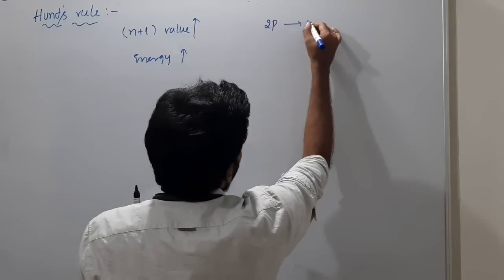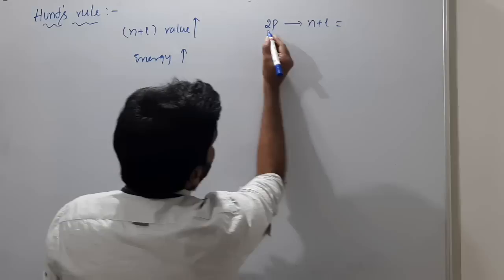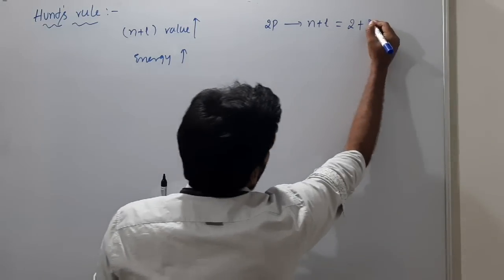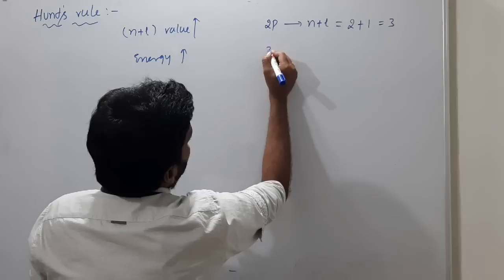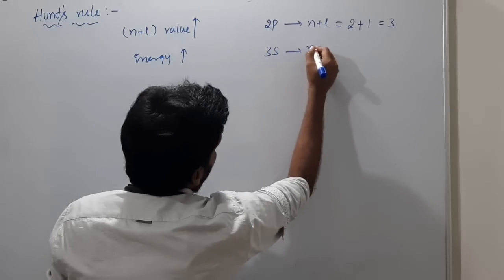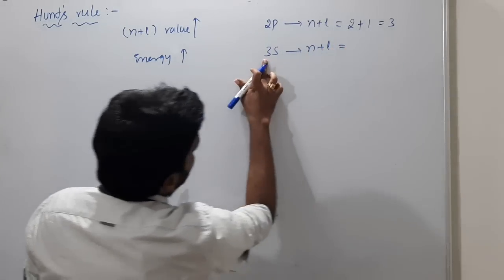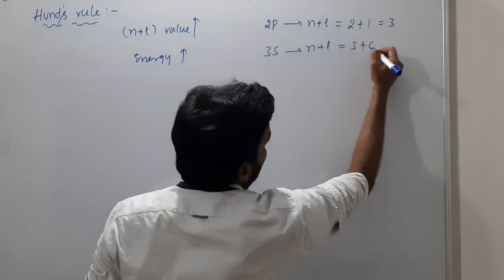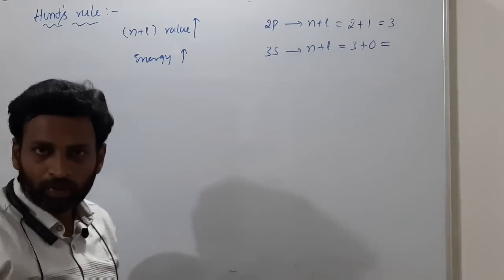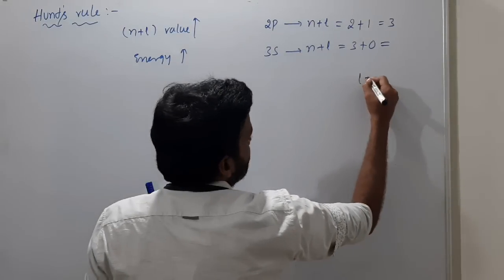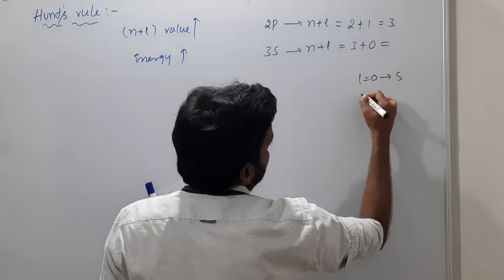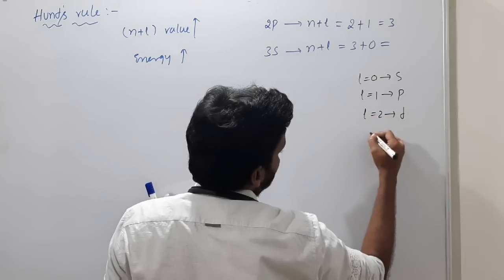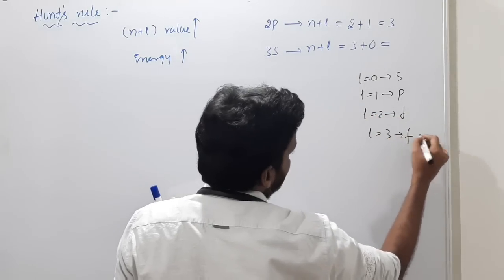So 2p has an n plus l value. What is the n value here? 2. The l value for p is 1. So it is 3. For 3s, the n value is 3 and for s the l value is 0. Do you remember? For s subshell l is 0, p subshell l is 1, d subshell l is 2, f subshell l is 3.